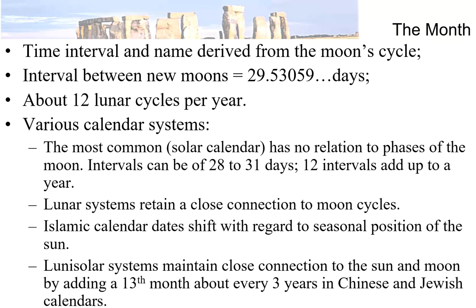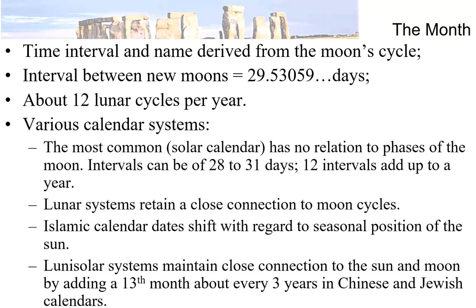Now, here is my favorite calendar. It's been proposed, it will probably never be adopted, but it would be awesome, especially for a school teacher, to make a calendar that has exactly 52 weeks a year. Now, how many days are in a year? Most years it's 365, right?